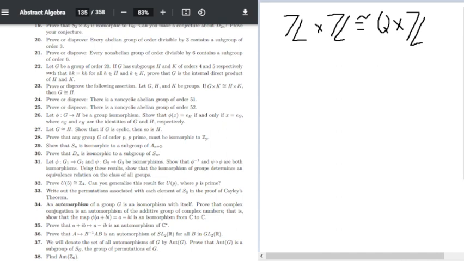I'm feeling like there is something that fails at infinity. I'm just trying to phrase it in how you would phrase it. So Z times Z is isomorphic to Q times Z. So we send p and q to p over q. No, that can't be right.